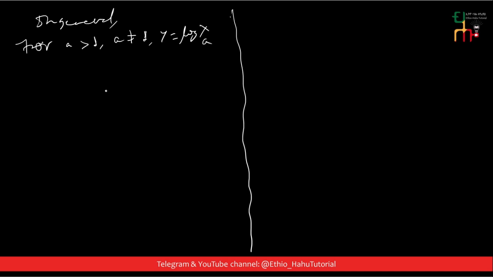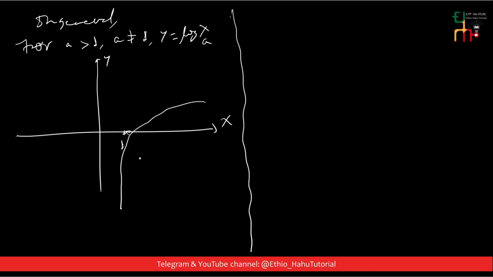Therefore, in general, for a greater than 1, y is equal to logarithm of x to the base a. The graph, x-axis, y-axis, and here we have 1. The x-intercept is 1, and if we consider this point is 1, this graph is, say, y is equal to logarithm of x to the base a.